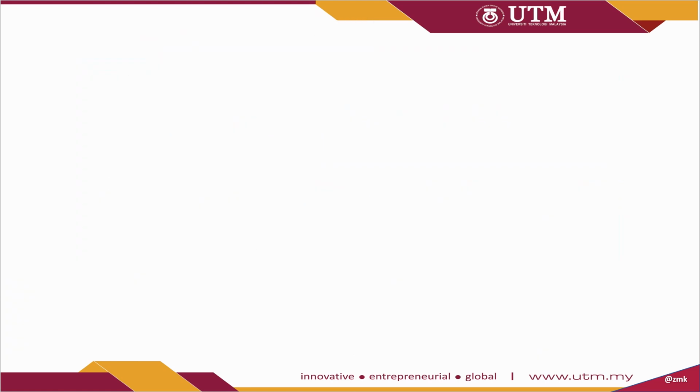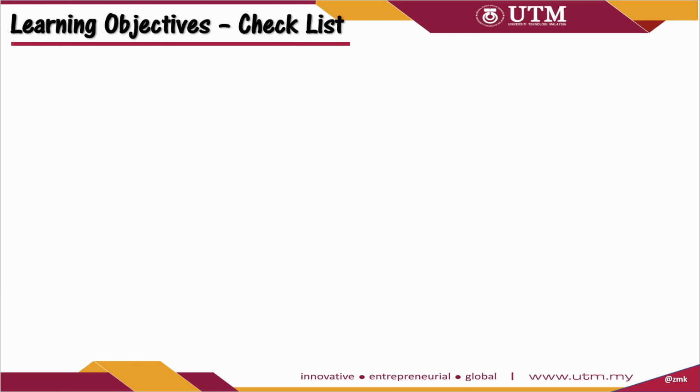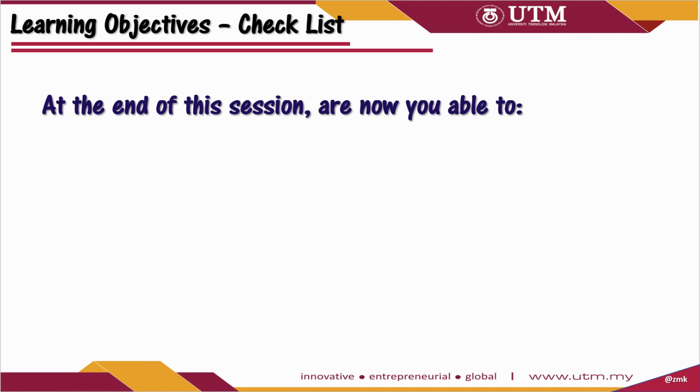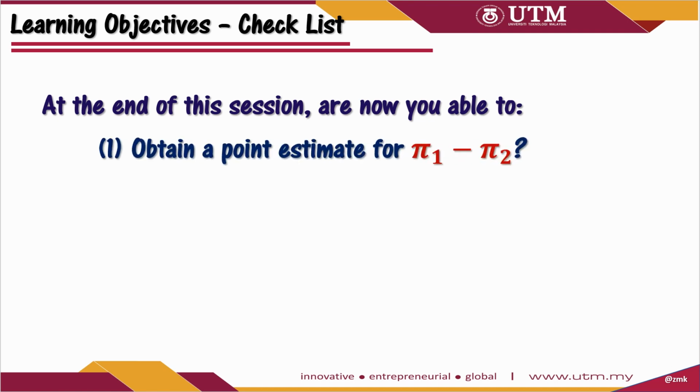Before ending this session, let us do a checklist on the achievement of this topic's learning objectives. After watching this video and learning the techniques of estimating the difference between the unknown population proportions denoted by pi1 minus pi2, are you now able to calculate the point estimate for pi1 minus pi2, which is the first learning objective of this topic?